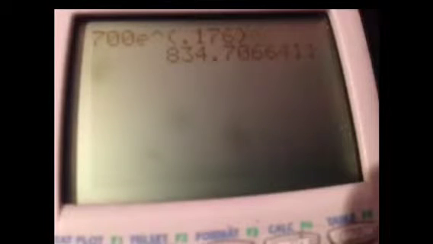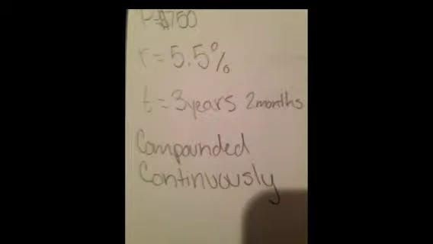Close our parenthesis and solve. This is the account balance after 4 years in an account that offers 4.4% compounded continuously. Now you can use the knowledge you've learned to find the balance of the account under the following conditions.